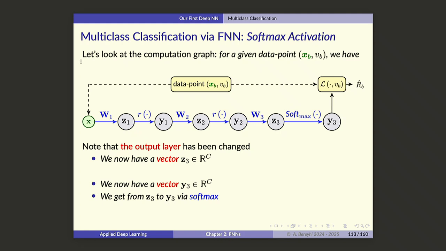And the next thing is that we are not doing the sigmoid activation or entry-wise activation anymore. We are doing a vector activation, right? And now, once we are at the output, we can define a loss and compute this loss, right?